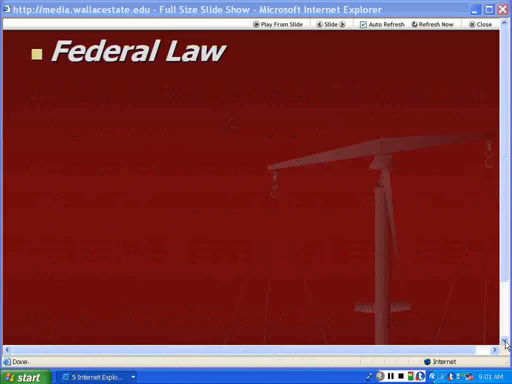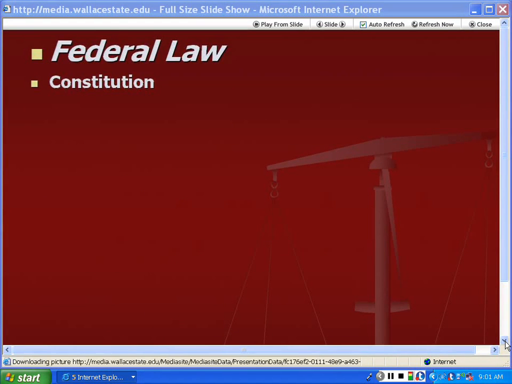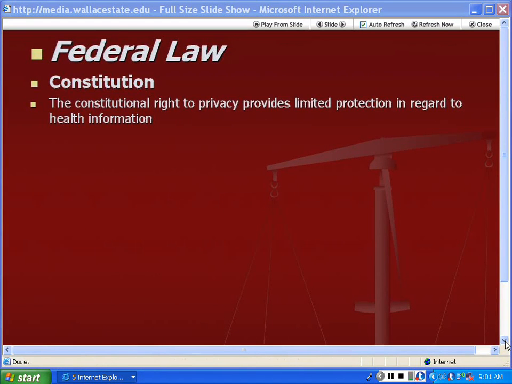Now let's look at federal law. I just mentioned the Constitution. Now the constitutional right to privacy, not necessarily if we can access, but who has access or what our rights are to privacy, provides just a limited protection in regard to health information. There's also an act on the federal level that was enacted in 1974. It's called the Privacy Act of 1974.